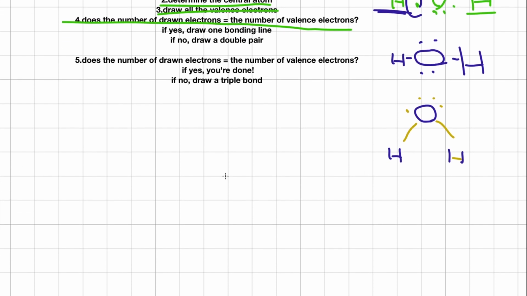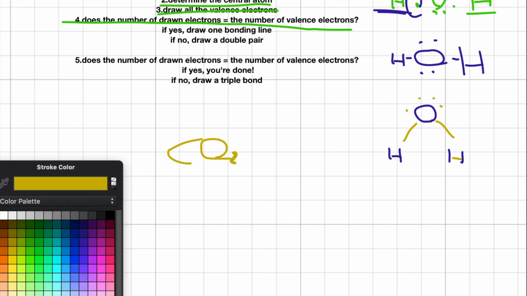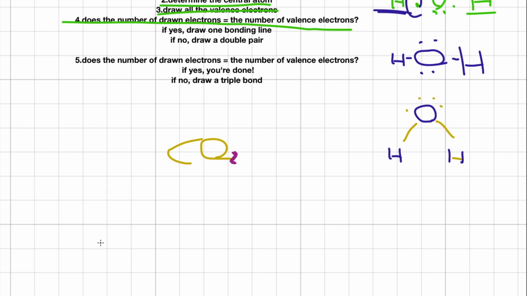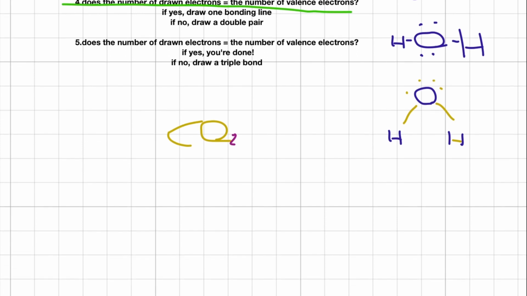Let's look at carbon dioxide. Carbon dioxide is CO2, right? So first of all, count all the valence electrons available here. Oxygen has 6 electrons. 6 times 2, because there are 2 atoms of oxygen, so that's going to be 12.